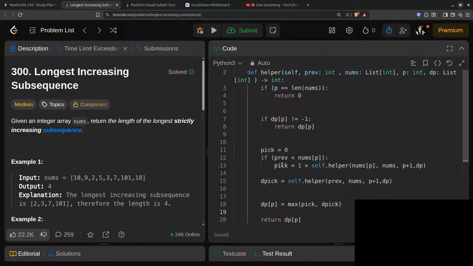Could be like DP0 is equal to this DP. DP[p][0] is equal to pick, and in this case DP[p][1] is equal to don't pick, and then we're taking max of, instead of this it would be like LIS.